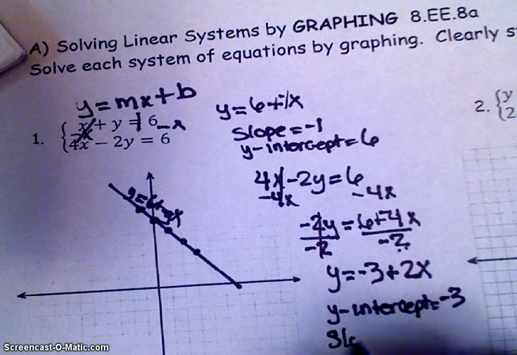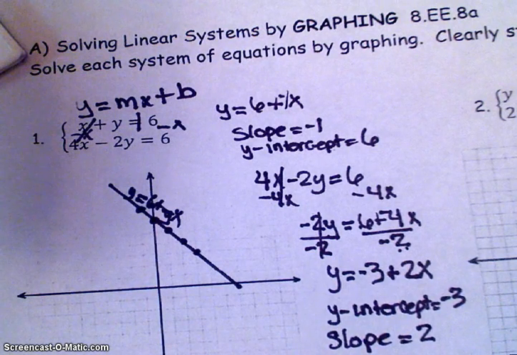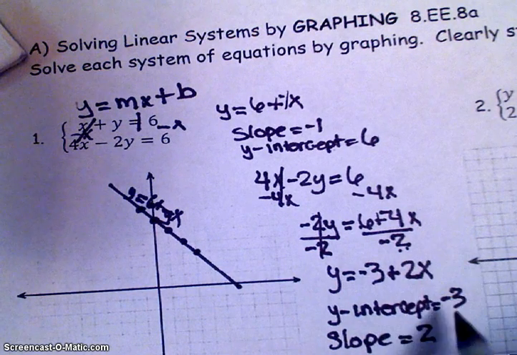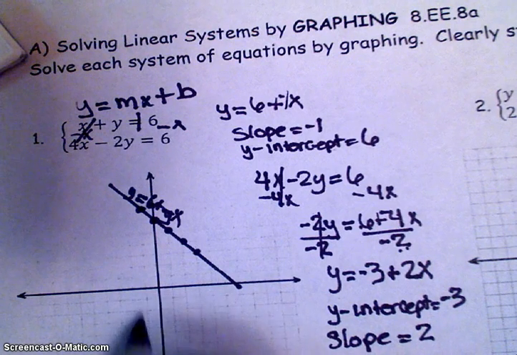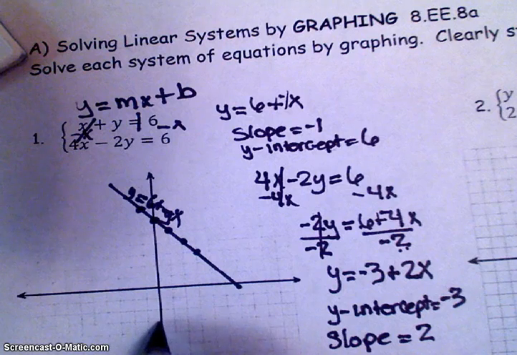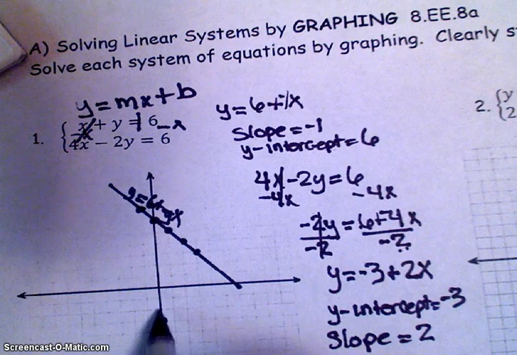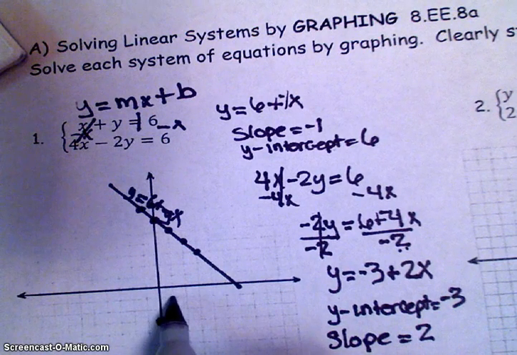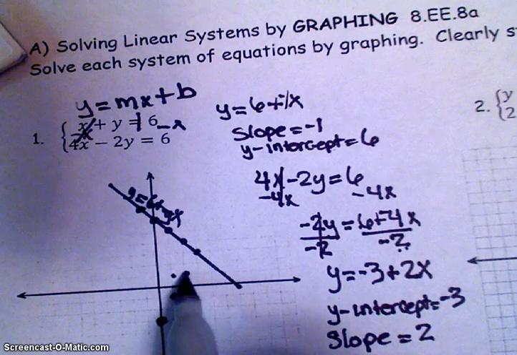My slope is equal to +2. And so I'm going to first plot my y-intercept, -3. So it's 0, -3. I go down 1, 2, 3. Plot that point. My slope is +2, so I'm going to go up 2 over 1. Rise over run.